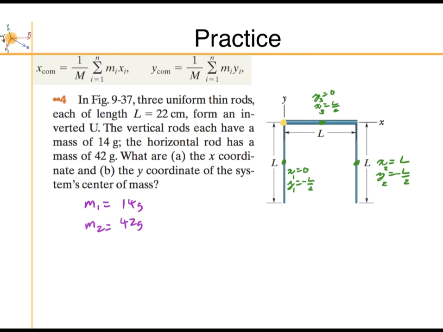And they each have their own masses too, right? M3 I'll use is 42 grams, and M1 is 14 grams, and M2 is also 14 grams.